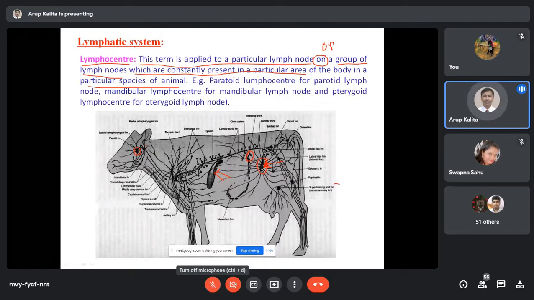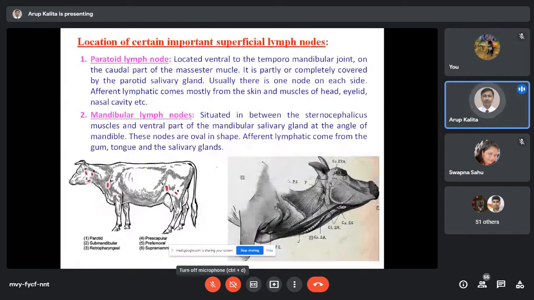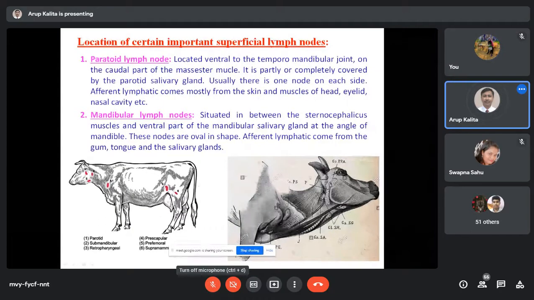Now, superficial lymph nodes have clinical importance. First of all, what are those superficial lymph nodes? In case of the ox, I am showing these lymph nodes. The first one is the parotid lymph node. You see, this is the parotid lymph node.